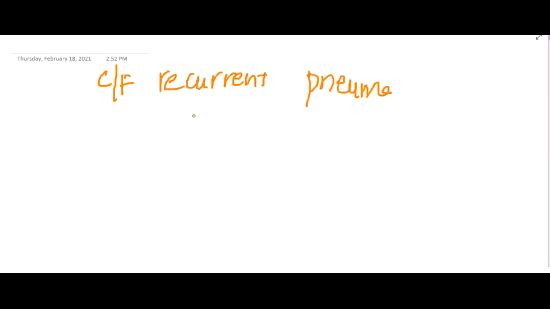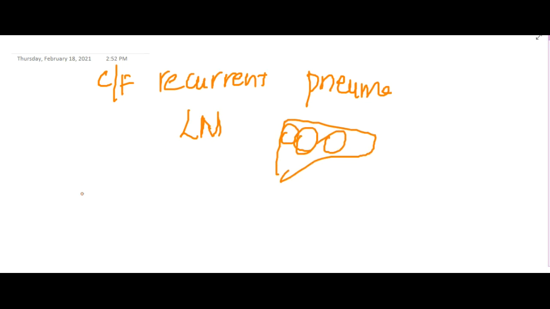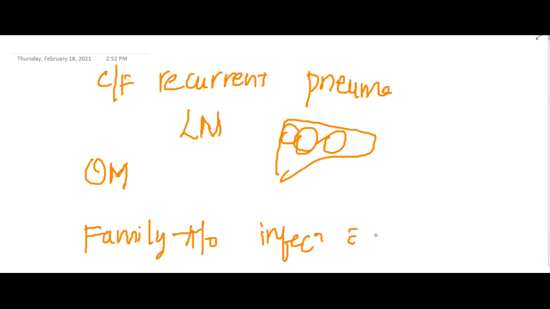Because of the defect in free radical breakdown, there are recurrent lower respiratory tract infections like pneumonia. Lymphadenitis is seen. Hepatic abscesses are present in the liver and other areas. Osteomyelitis is seen at multiple sites, and there is a family history of recurrent infections with catalase positive organisms.